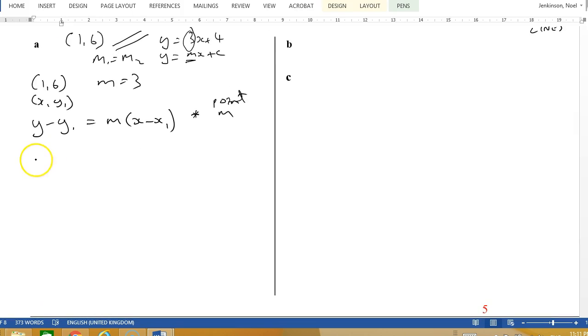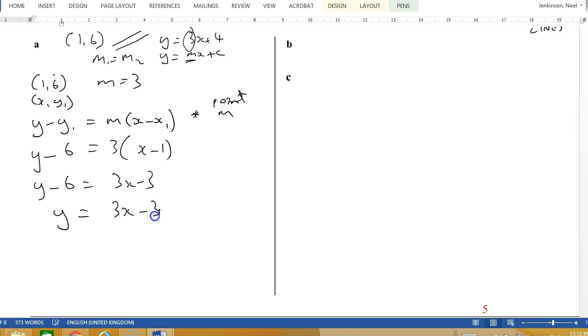So now we sub in y minus 6, that's the y1, equals 3 times (x minus 1), the gradient and the x1. y minus 6 equals 3x take 3. And usually we put the 3x, the minus the 3, and the plus 6 all on that side. y equals 3x plus 3. That would be the equation.